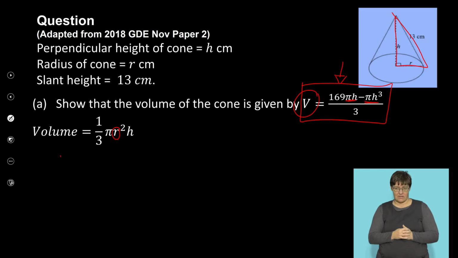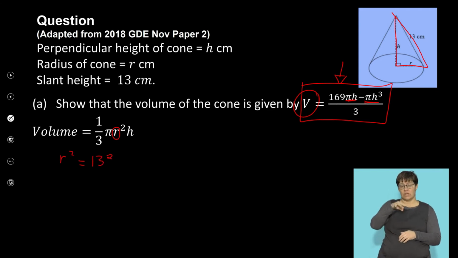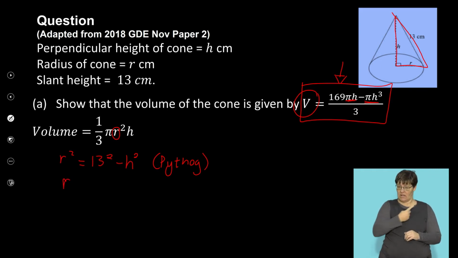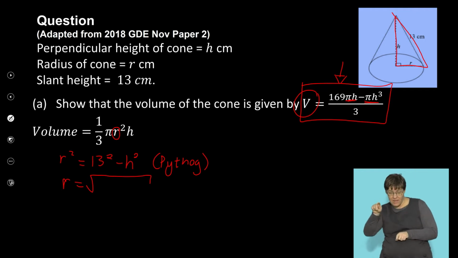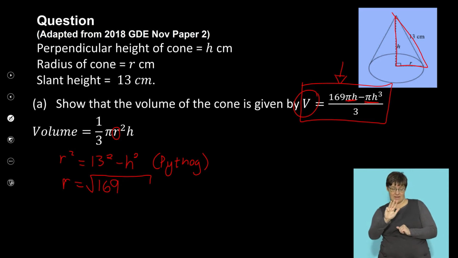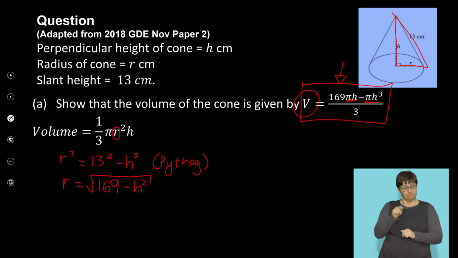So r squared will be equal to 13 squared minus h squared because of Pythagoras. And because I want r by itself, r will be equal to the square root of 169 minus h squared. So that will be r.